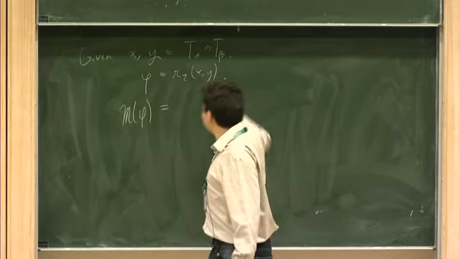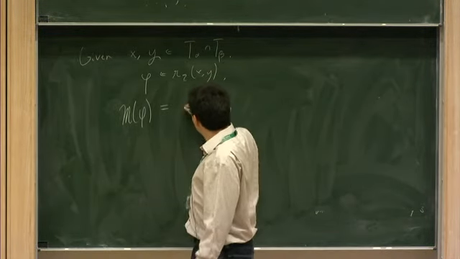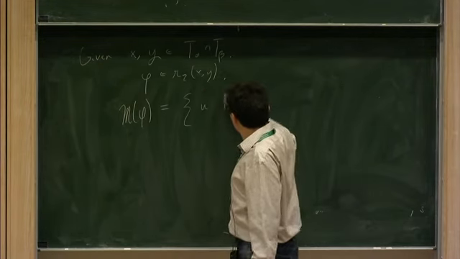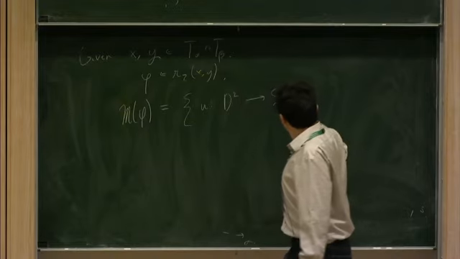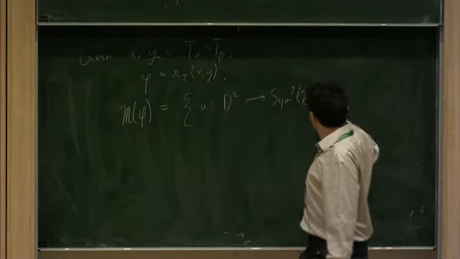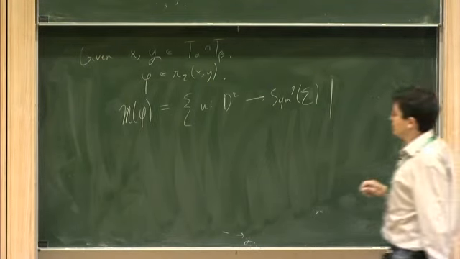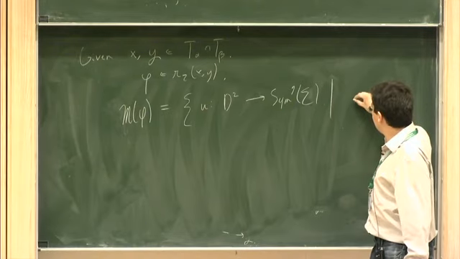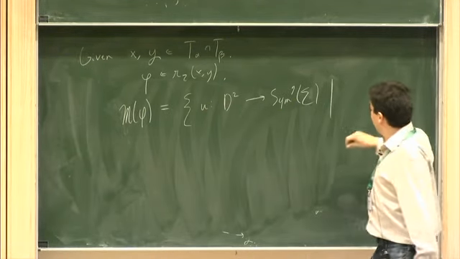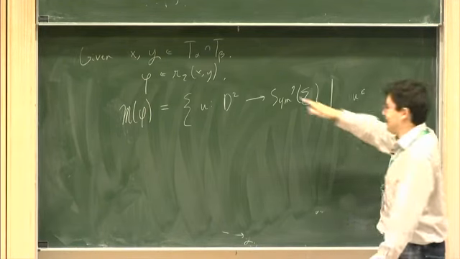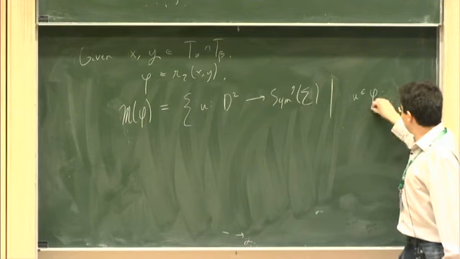But once I've done all of that, this is going to be the moduli space of maps U from D2 into the symmetric product Sym^g(Sigma), with the property that U is contained in this homotopy class.